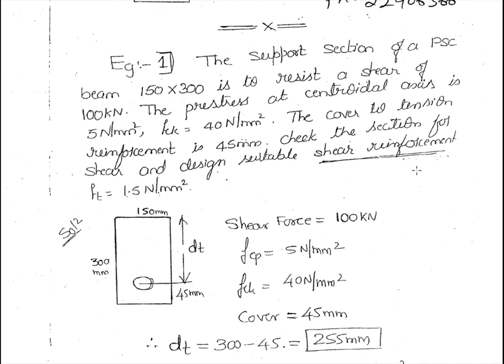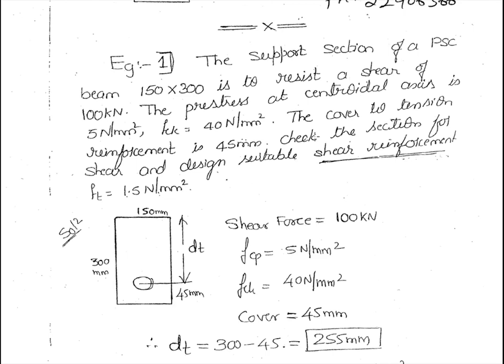The pre-stress at the centroidal axis is 5 Newton per mm square, that is FCP. FCK is directly given, it is M40 concrete, 40 Newton per mm square. The cover to tension reinforcement is 45 mm. Check the section for shear and design suitable shear reinforcement.